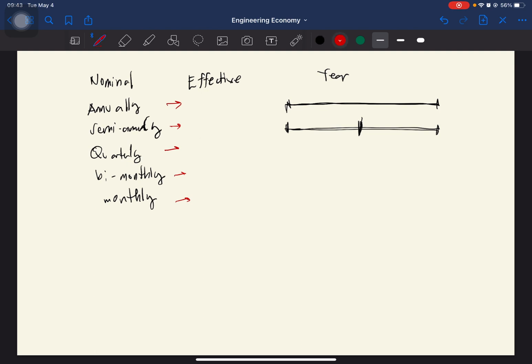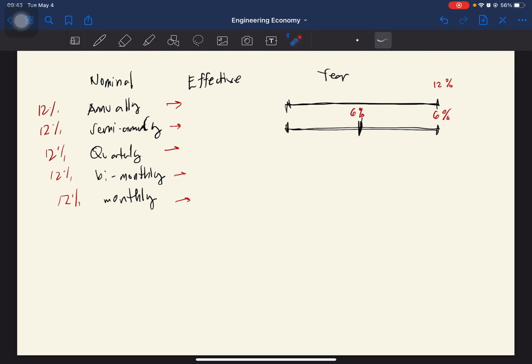Let's say it's 12%. In annual, your money is compounded by 12% at the end of the year. But for semi-annual, let's make it 12% for all. This is just a review. The 12% is divided by two because compounding happens twice a year.